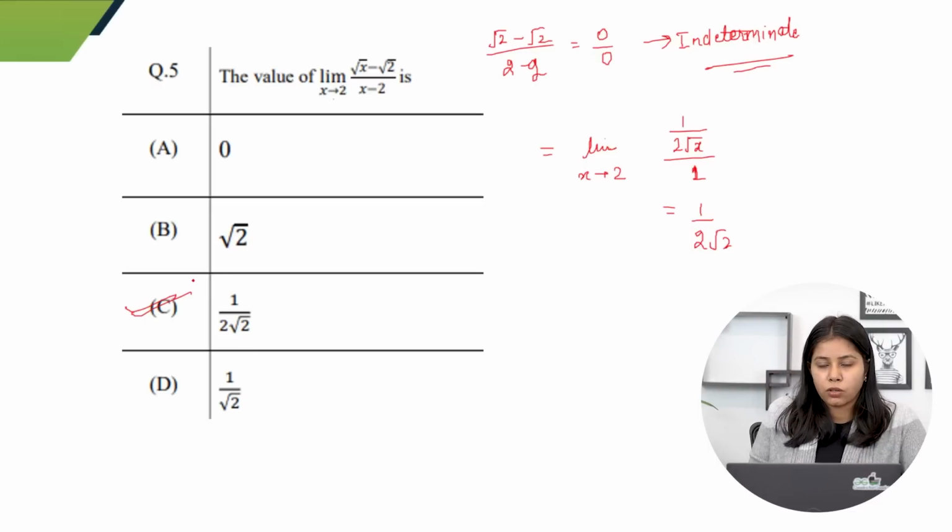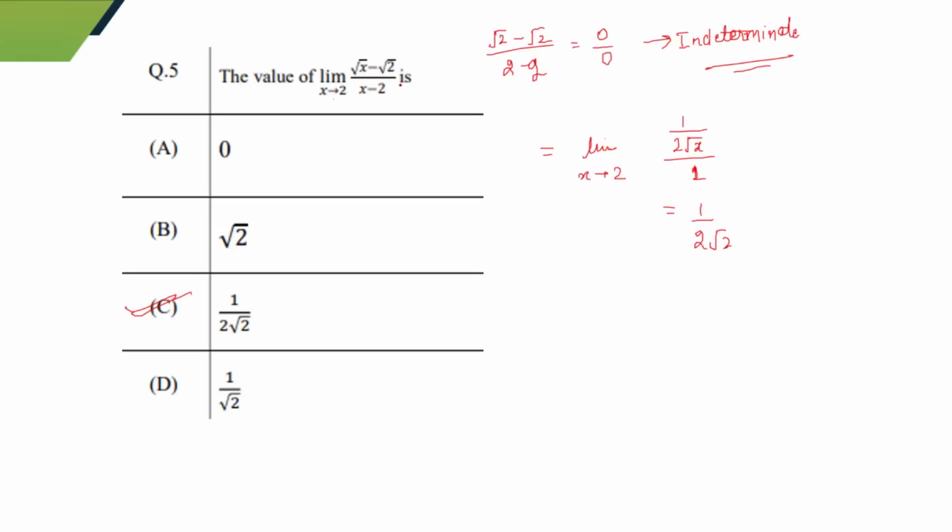And also, if you do not want to use L'Hopital rule, you can rationalize this function as well. What would I do? I have limit x approaches 2 square root x minus square root 2 upon x minus 2.